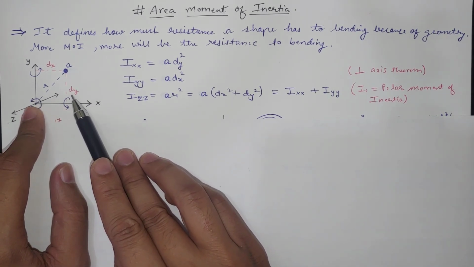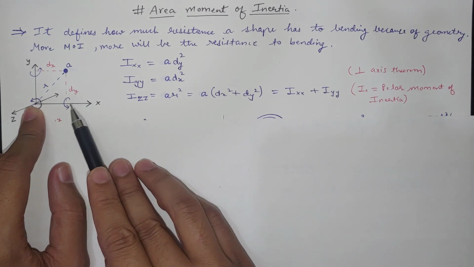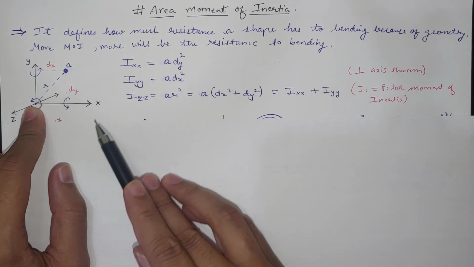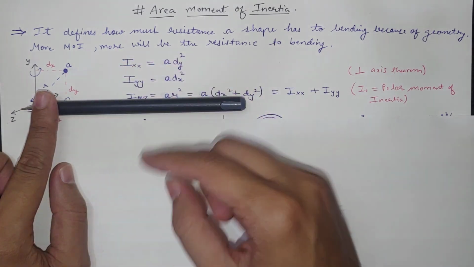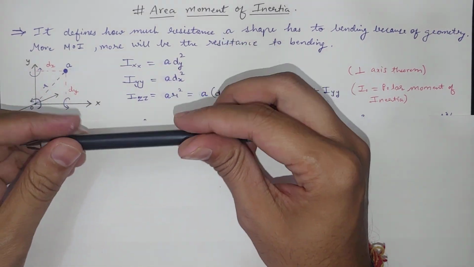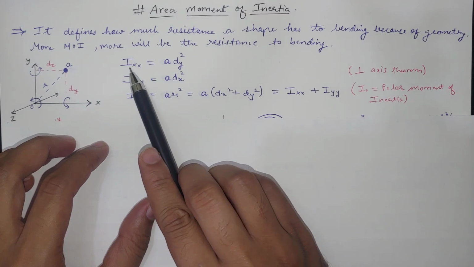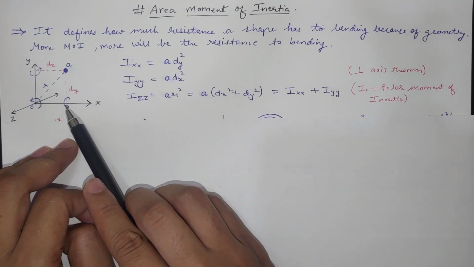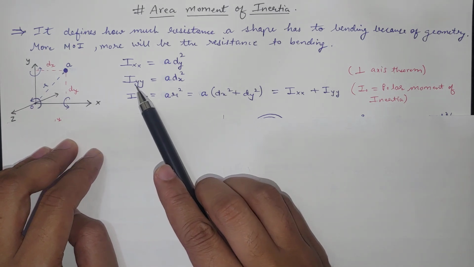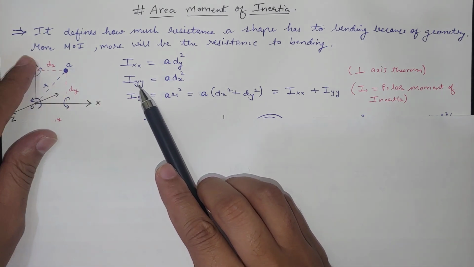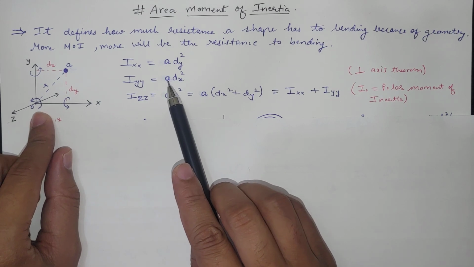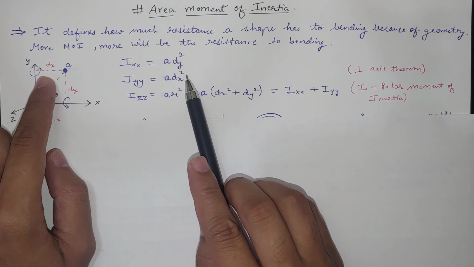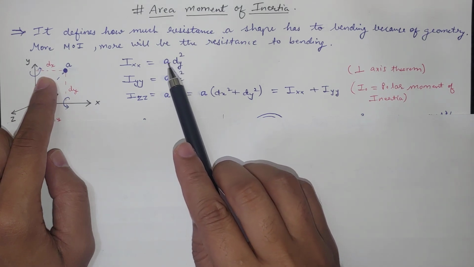If it is present at a distance dy from the x-axis, then to rotate along the x-axis in this manner, we calculate Ixx as area into dy square, meaning this distance from the x-axis. Similarly, if we want to calculate inertia with respect to the y-axis, we calculate area into the distance from the y-axis squared.